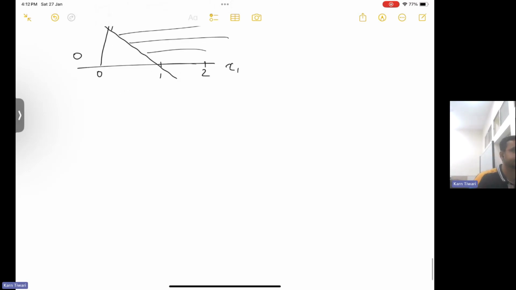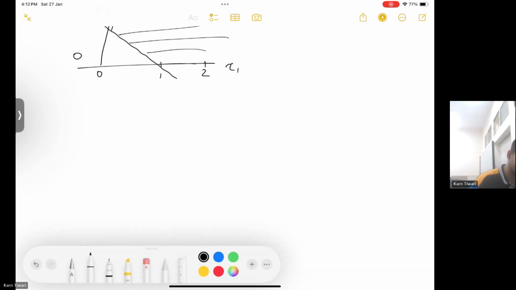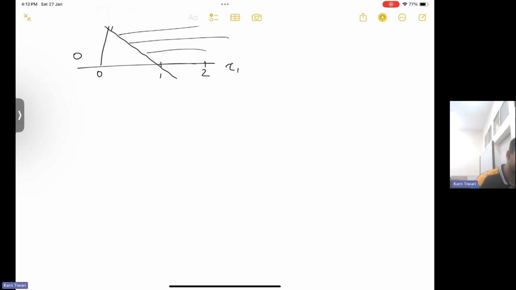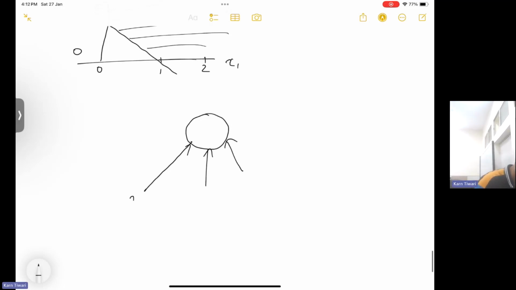Basically you can think of it as we have a neuron. Let's keep it simple. We have a neuron which takes the inputs X1, X2 till Xn.